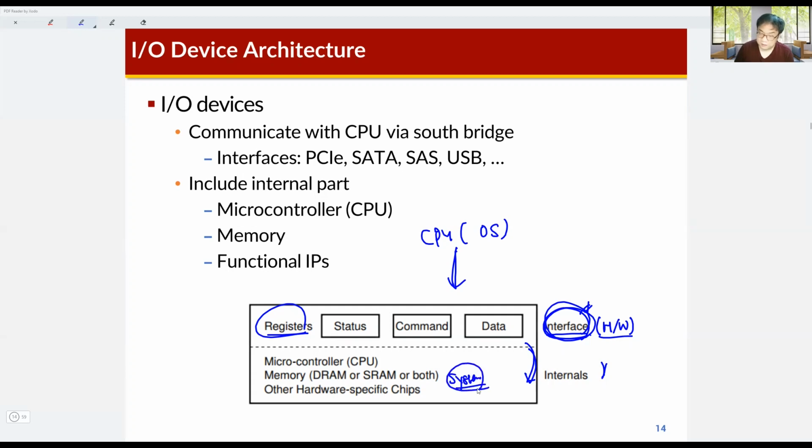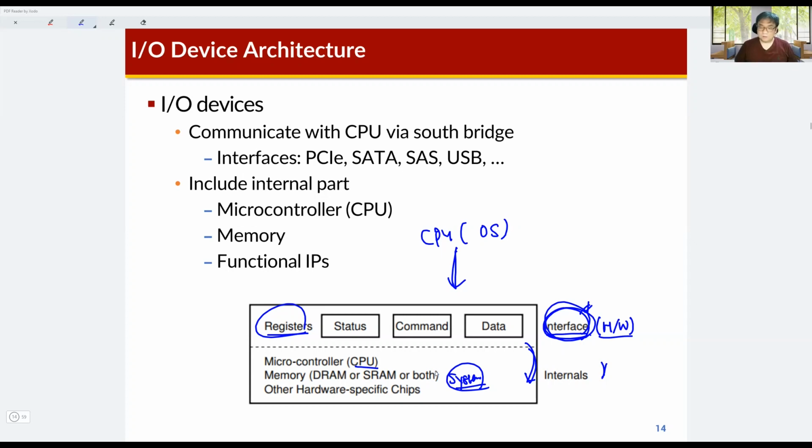So IO devices can have a processor or microcontroller, like a CPU, and then this IO device can run software, and this software is called the firmware. Okay, system firmware.